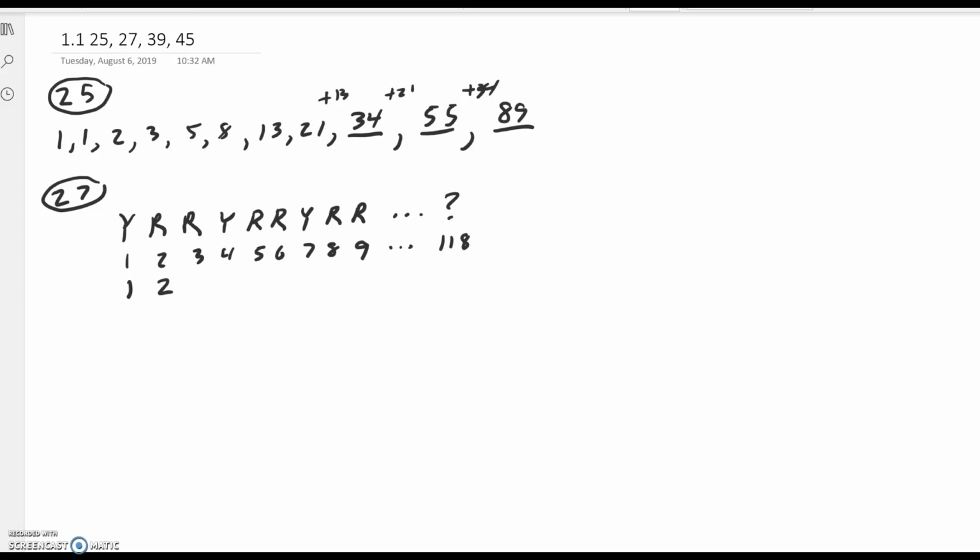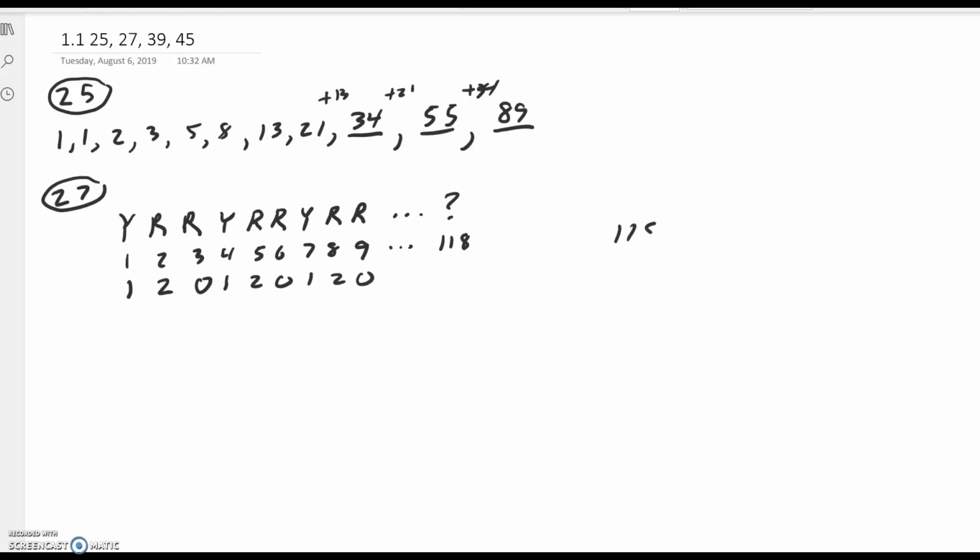When we divide by 3 here, we get a remainder of 0. And we have a remainder of 1, a remainder of 2, a remainder of 0, a 1, a 2, a 0. So it looks like when you divide these counting numbers by 3 and record the remainder, the Y's happen on the remainder ones and everything else is an R.